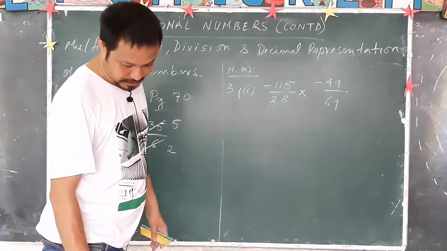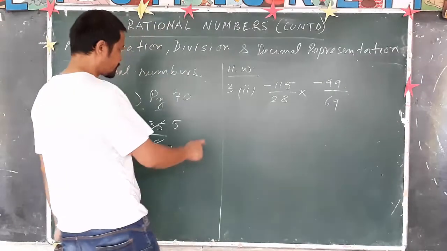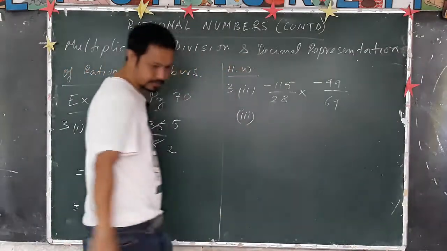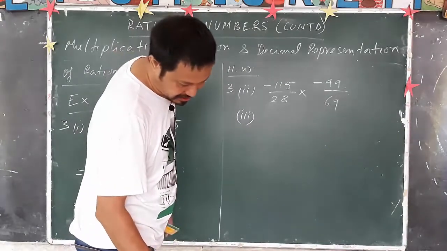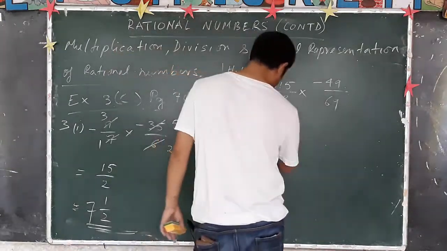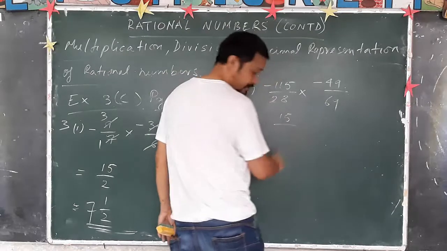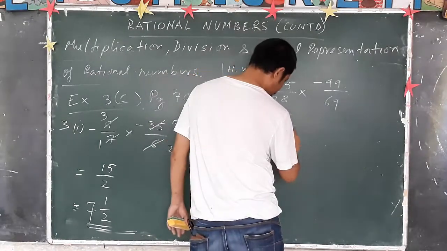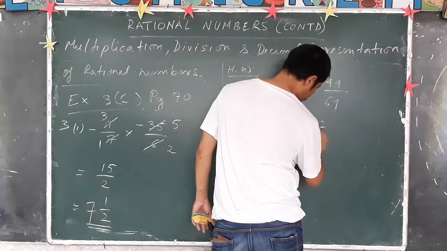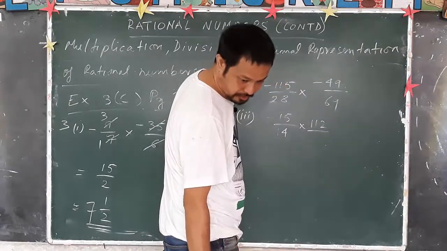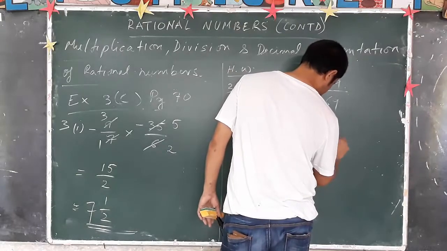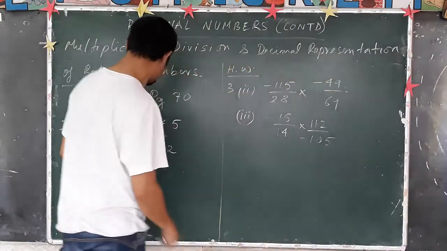Okay, so now this is your homework. 3 subsection 3, minus 15 upon 2. Okay, so this is your homework.